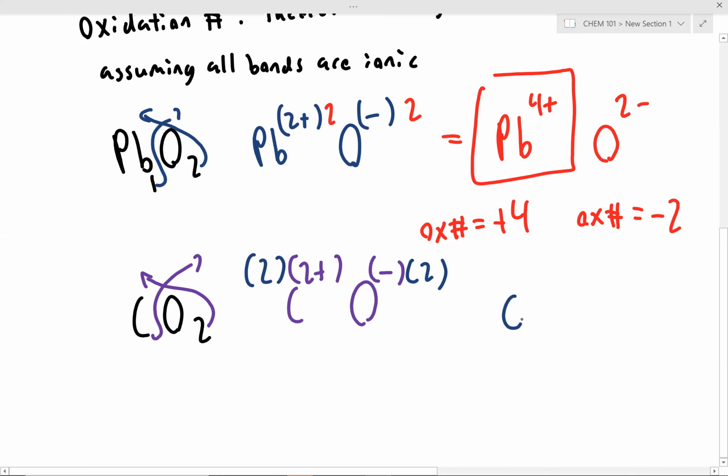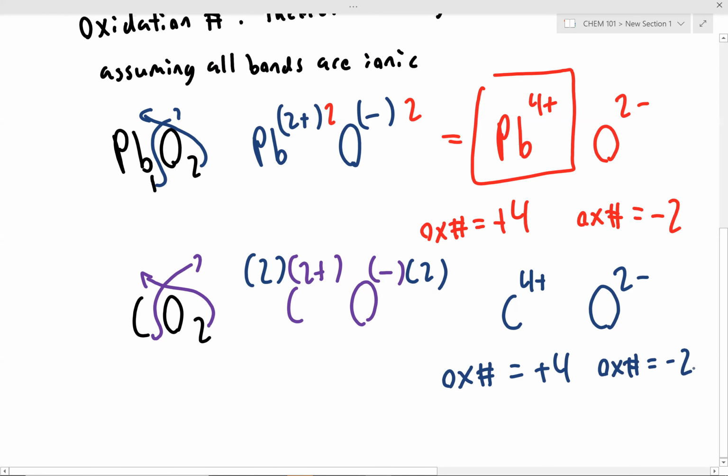That in turn gives us a theoretical charge for carbon of 4+ and oxygen 2-. Carbon dioxide is not an ionic compound, but for the purposes of calculating oxidation number, we'll pretend like it is. Okay? So what is the oxidation number of carbon in this case? 4, yep, or +4. And what's the oxidation number of oxygen? -2. Yep.